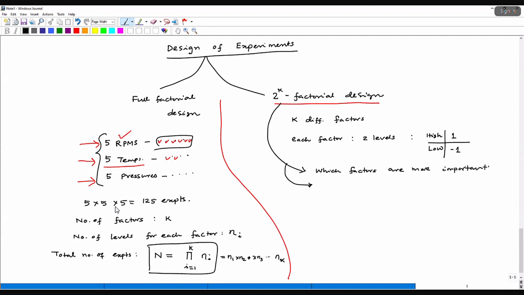It will also help you gain knowledge of the interaction effect, like for example, whether this temperature and this RPM has a strong correlation, or RPM and pressure have a stronger correlation. Okay, so it will help you obtain knowledge of the interaction effect.